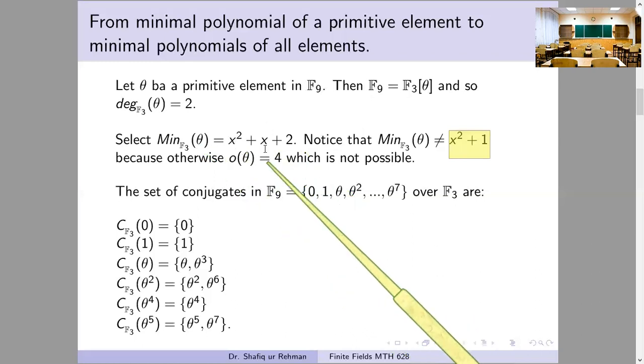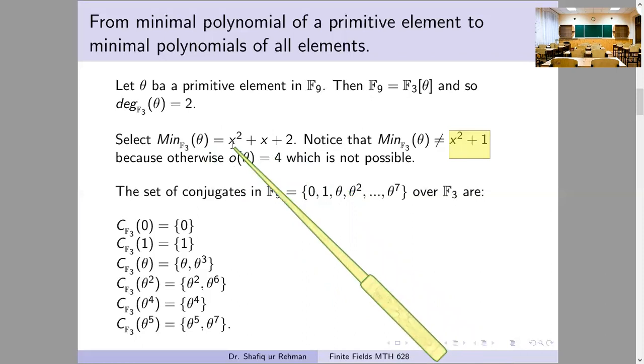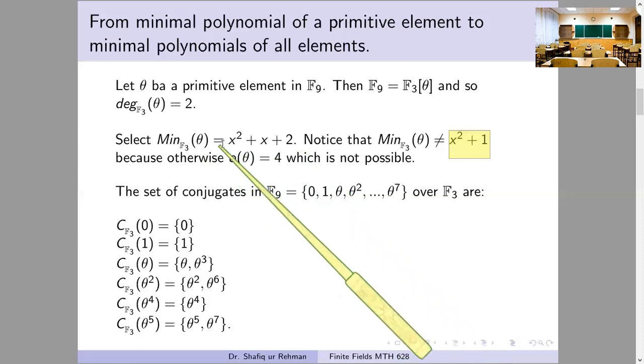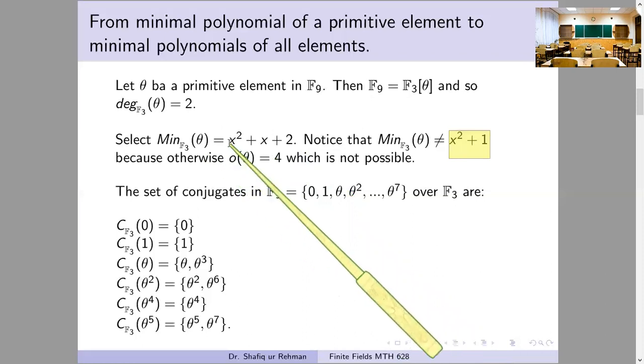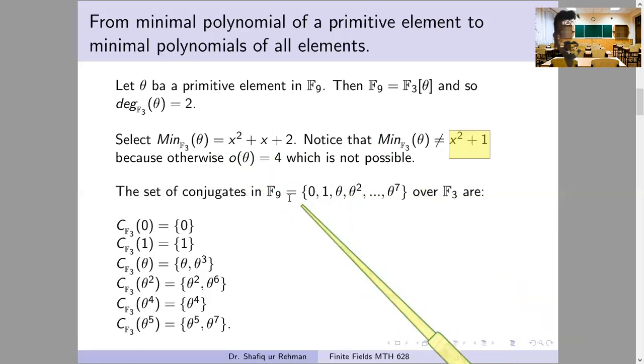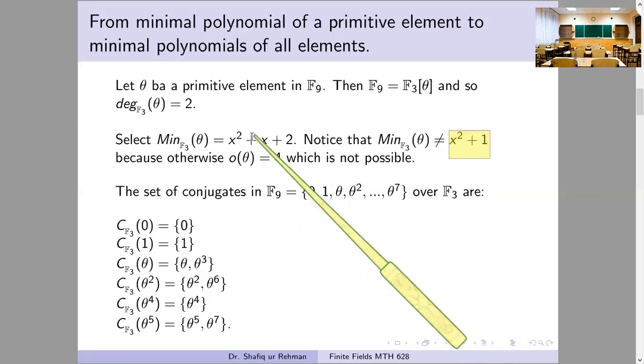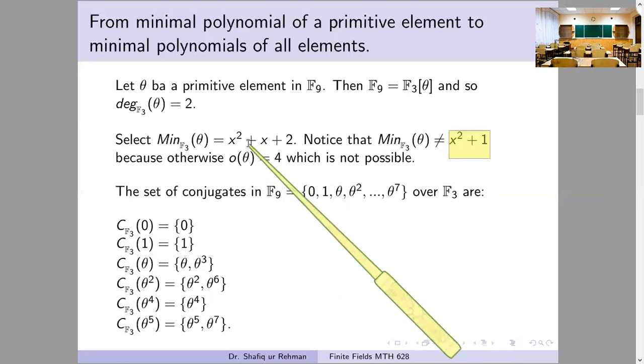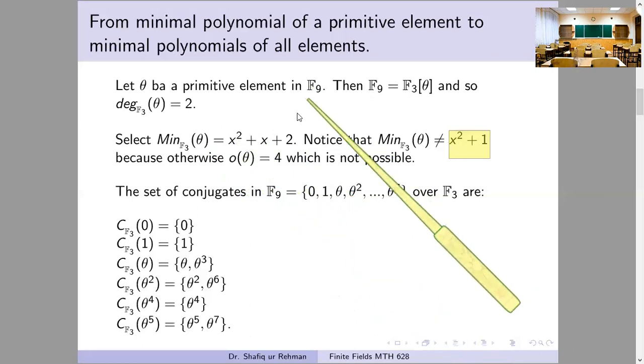And now we take this polynomial as the minimal polynomial of theta over the field F3, and therefore this polynomial will be a defining polynomial for this field F9.